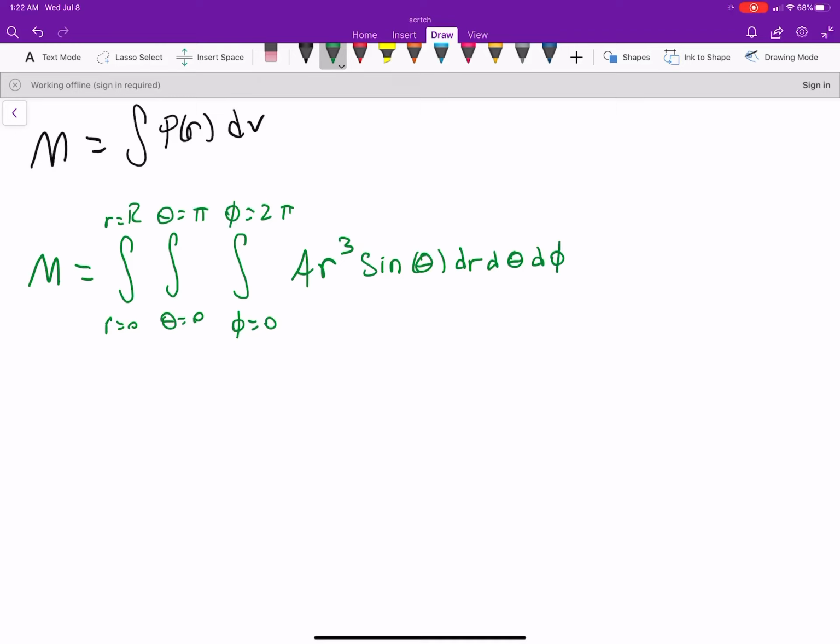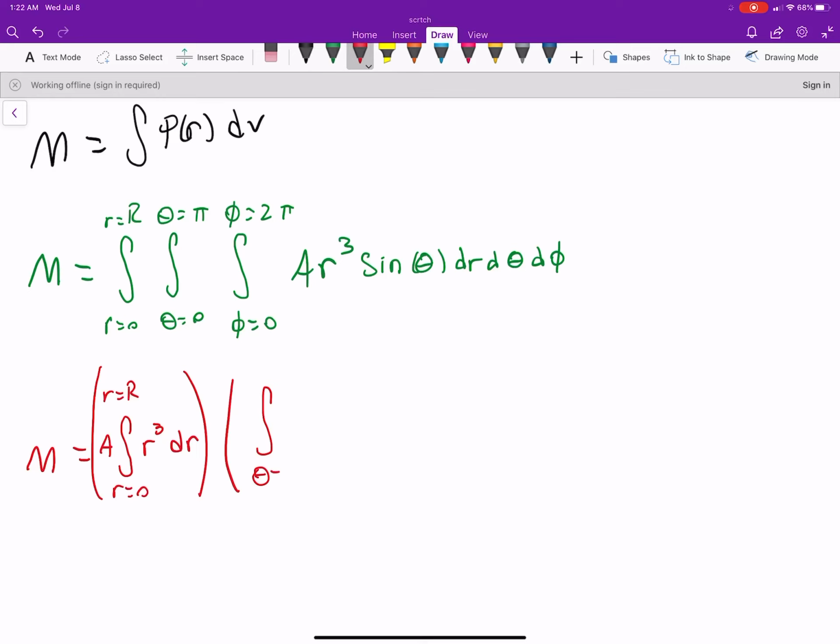Great, another triple integral. So we'll again break this up into 3 separate integrals, kind of an easy way to think of it. I'll factor out the A, r cubed dr, and then we just have our sine theta, d theta.